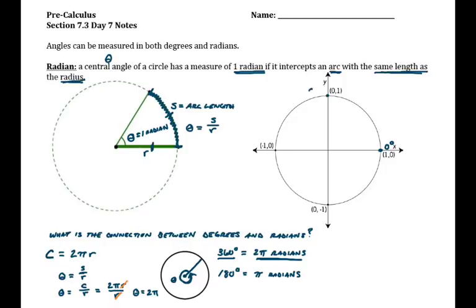So if we take a look at the circle here up at the top, if I work my way around the circle in degrees, I have 0 degrees, 90 degrees, 180 degrees, 270 degrees, and then 360 if I go all the way around the circle. But what would that be in radians? Well, 0 is still 0, and pi is 180 degrees.